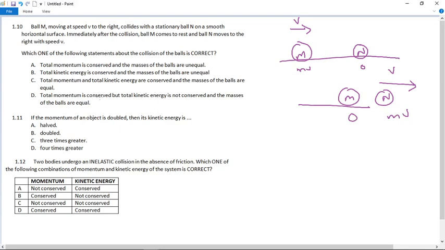So if this is an isolated system, and it says it's on a smooth surface, so we are an isolated system, the linear momentum should be conserved.